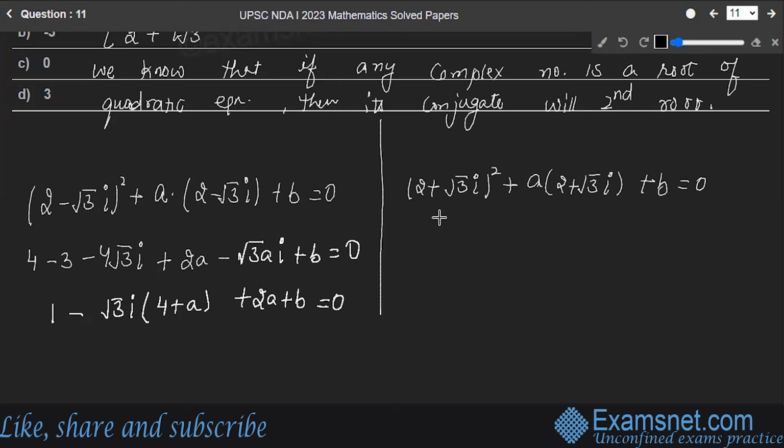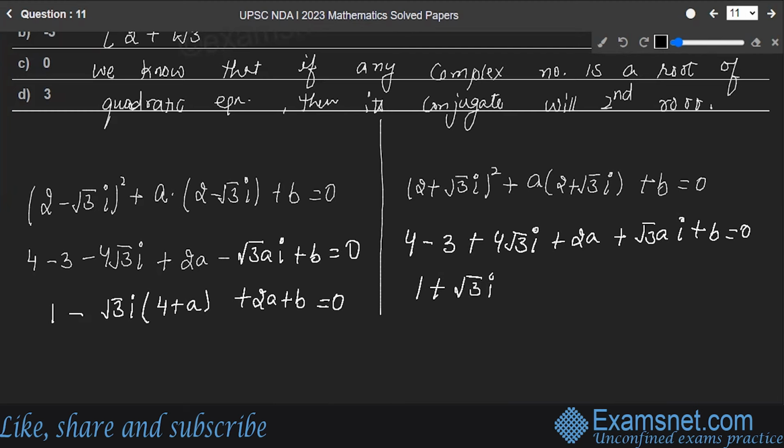And let's open up this one also. This is 4 minus 3 plus 4 root 3 iota plus 2a plus root 3a iota plus b is equal to 0, which gives you 1 plus root 3 iota (4 plus a) plus 2a plus b is equal to 0.